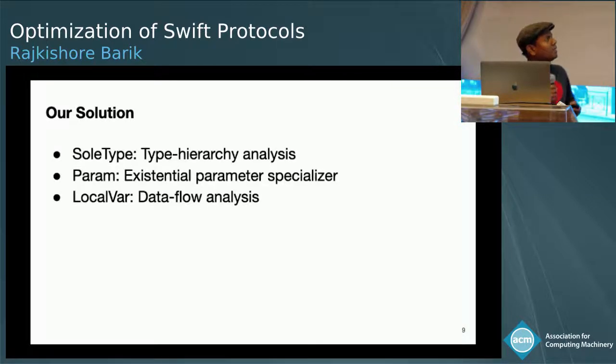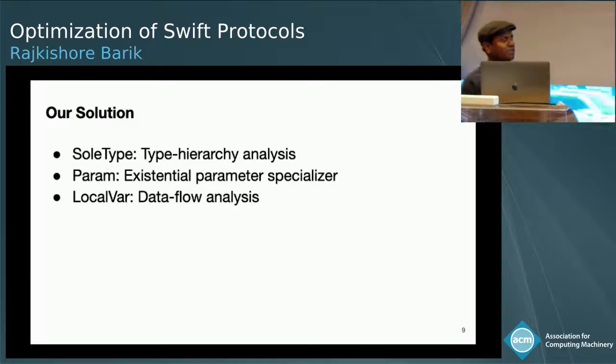I'll talk about three approaches and three different transformations and analyses as part of my talk. One is sole type, which essentially looks at one-to-one conformance between protocol and the value or the reference type. And this is similar to the type hierarchy analysis that we have seen in past work.